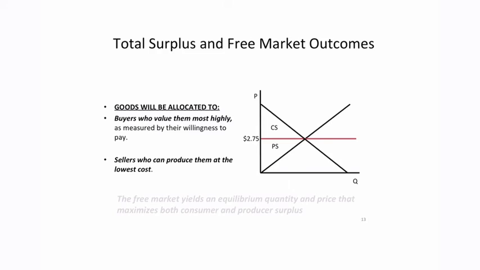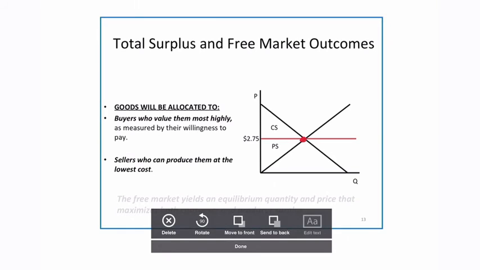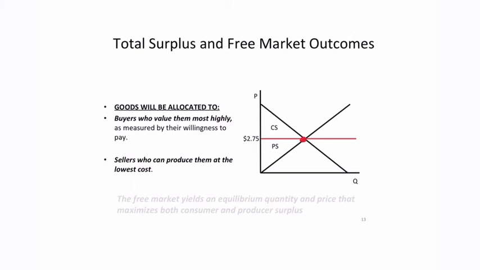So what we argue is that when we have the equilibrium outcome in the supply and demand model, and we can get to a point where we reach the market clearing price, then we can say that the goods are allocated to the buyers that value them the most and to the sellers that can produce them at the lowest cost.